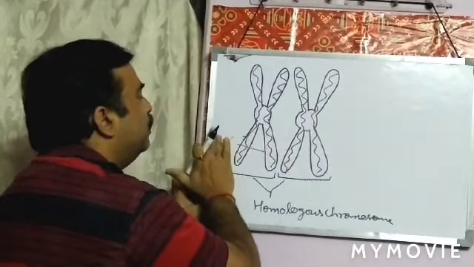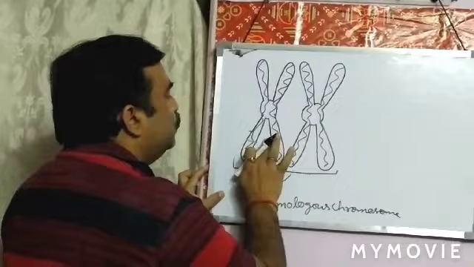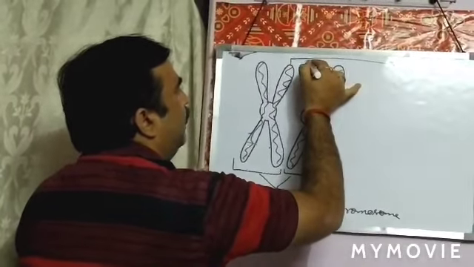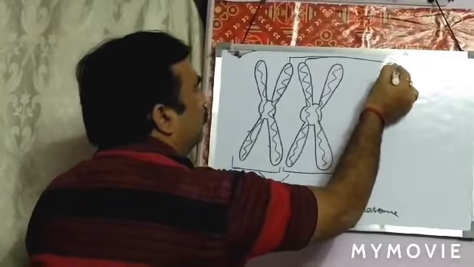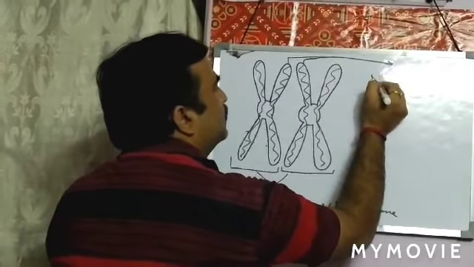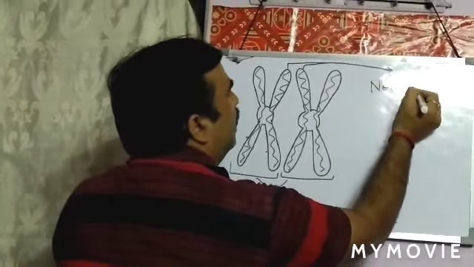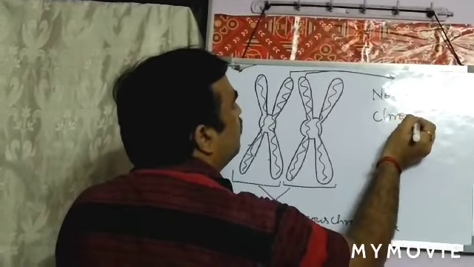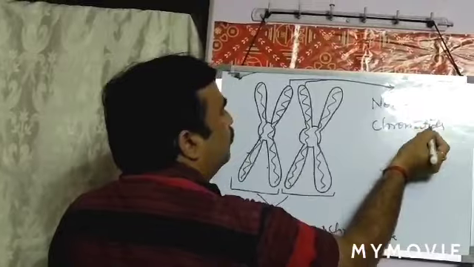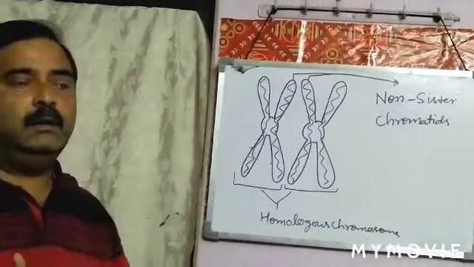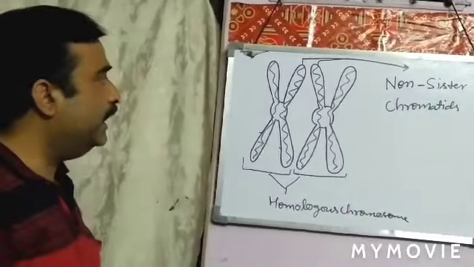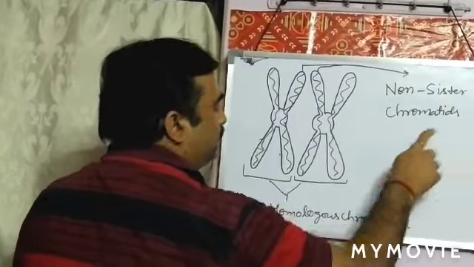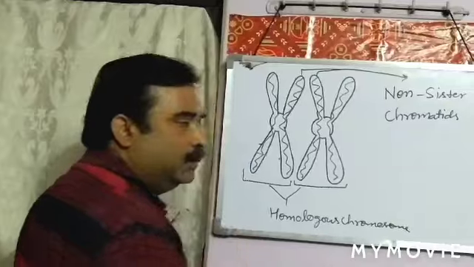But when we talk about two chromatids, one of one chromosome and another of the other chromosome, they are considered non-sister chromatids. Clear? So first thing, the crossing over takes place between the non-sister chromatids of homologous chromosomes.